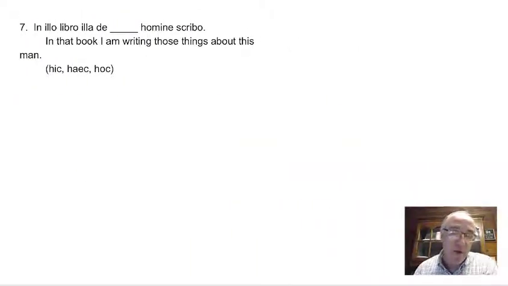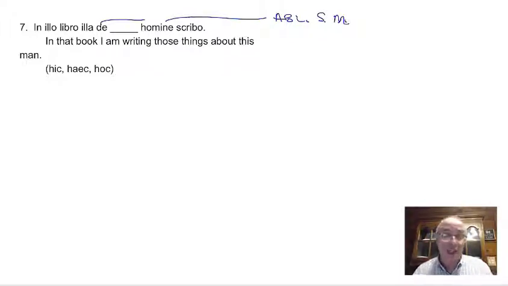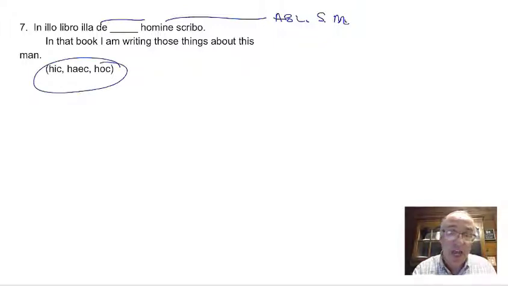In that book, I'm writing those things about this man. Lots of this and that and those. What are we talking about? De homine. Homine is ablative, singular, masculine. So if we're going to choose hic, haec, hoc, we need the ablative singular masculine form of that word.